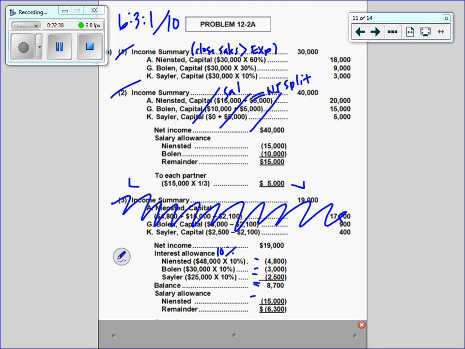We are going to happily share that $6,300 evenly. Is it money in or is it a hit? It's a hit. So again, this is a share equally.